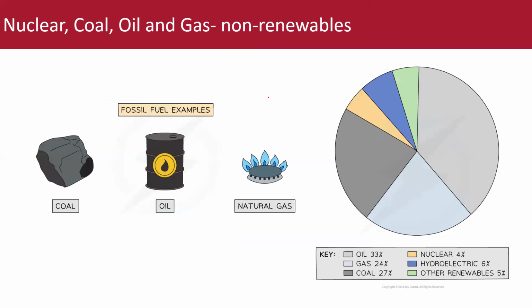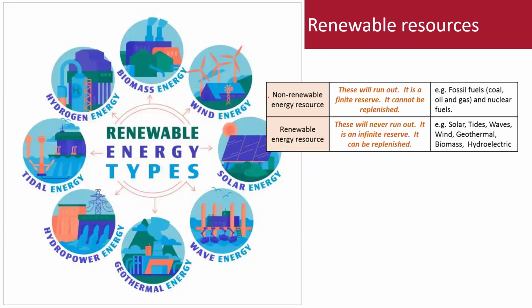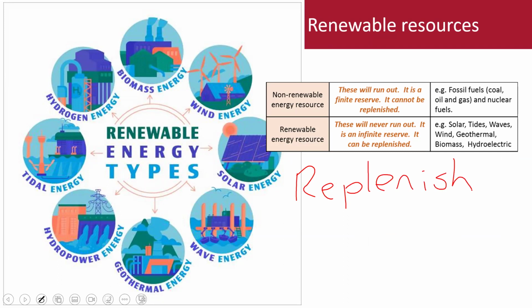Fuels: we've got non-renewable, coal, oil, gas, and then we've got renewable. If they do start talking about renewable and non-renewable, the word you need to include is replenish. Non-renewable cannot be replenished.